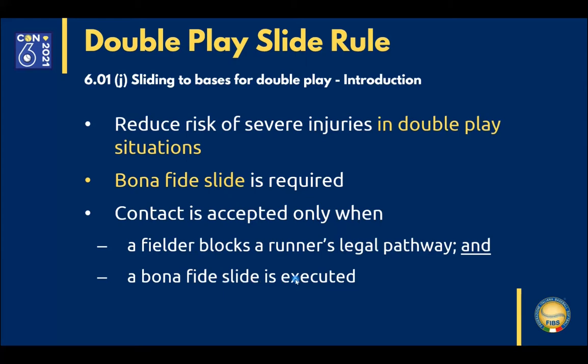You might remember this from the collision play. So a legal pathway is blocked and the runner is doing a bona fide slide. Bona fide means so much as a legal slide that is accepted. So only if those two things are given, contact is accepted.